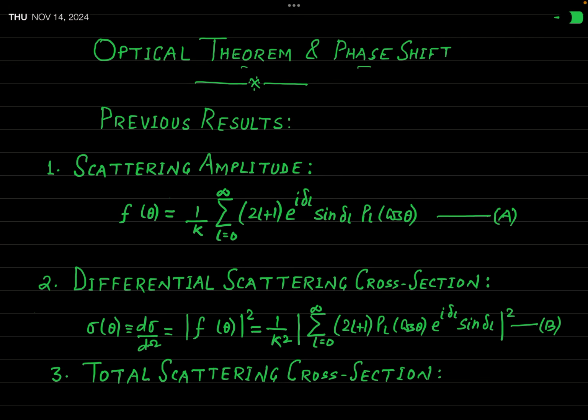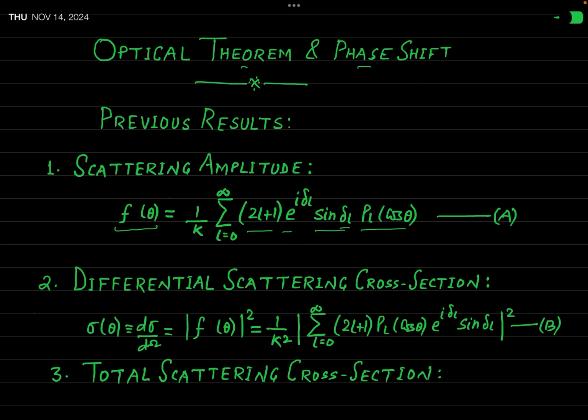You have learnt that the scattering amplitude, denoted by f of theta, is given as 1 over k summation over L of 2L plus 1 times e to the power i delta L times sine delta L times PL of cos theta. Here delta L refers to the phase shift, which will be discussed in today's lecture in detail.